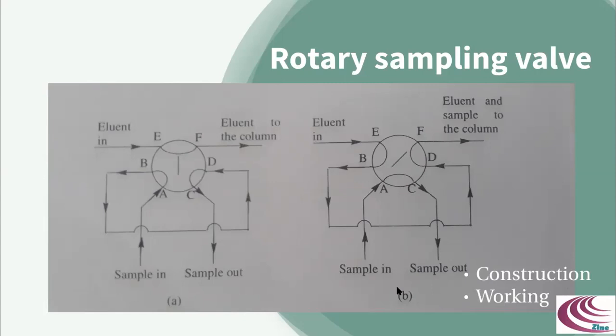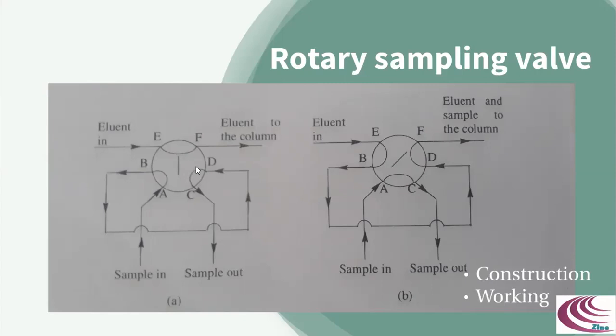The vertical line in this particular figure, whatever you are observing, indicates the original position of valve. When the valve is in this position, the sample solution is filled in it, and this is called the filling mode of a rotary valve.